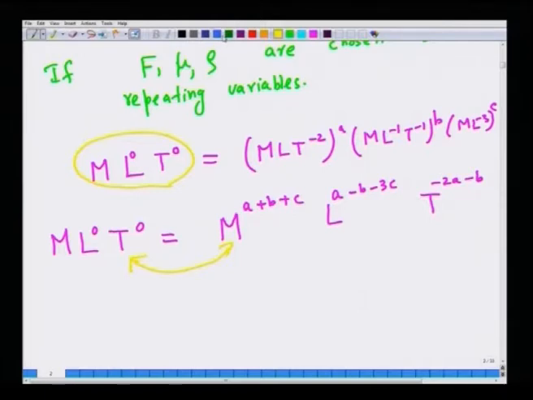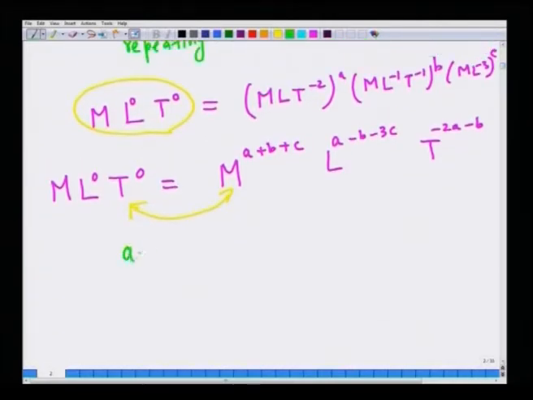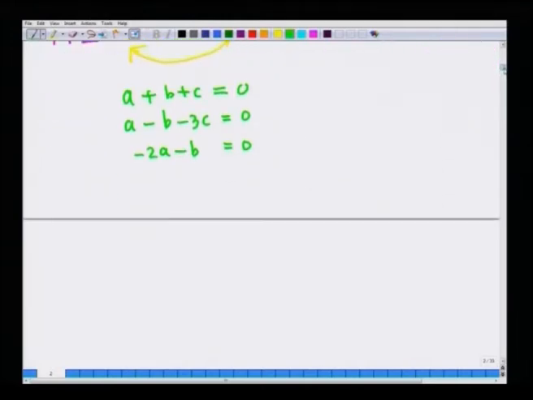So, we will get the following equations for the exponents. We will get 3 equations for the 3 unknowns. If we find a non-trivial solution to this set of 3 equations, that means we will be able to write mass in terms of the 3 repeating parameters f, mu and rho. Now, let us try to solve this.